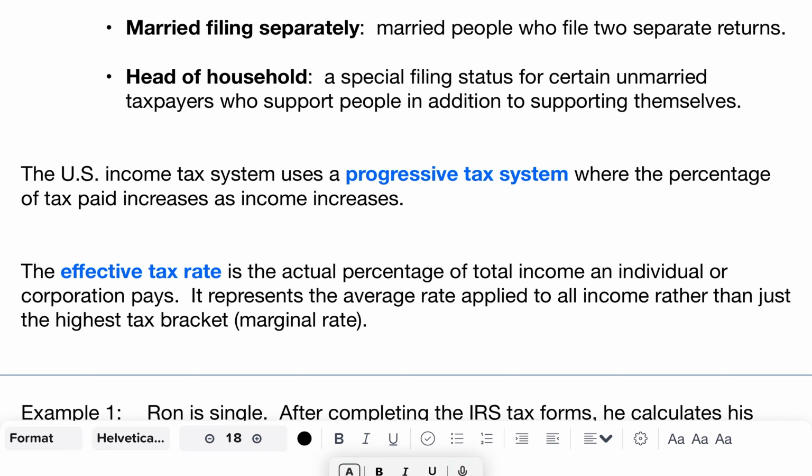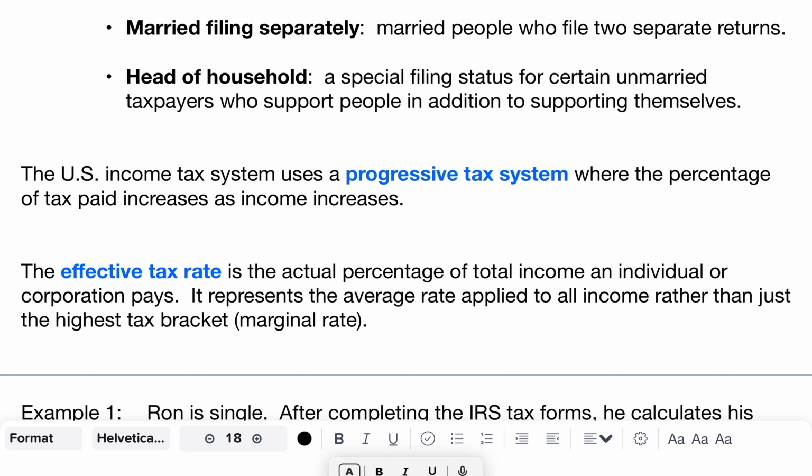So let's say it's 7%, and then from $30,000 to $50,000, you're going to be taxed at 9%, and then anything above $50,000, you're going to be taxed at 15%. Okay, those are all fictitious numbers, but the point is you're going to be taxed at a different percentage at different dollar amounts. So as your income continues to increase, those brackets are taxed at a higher level.